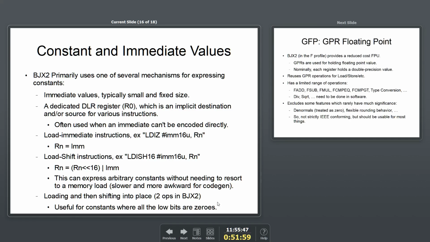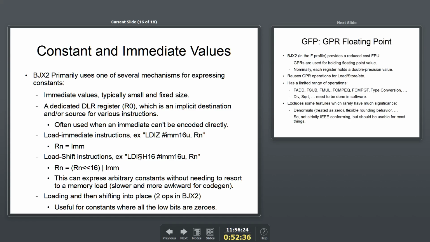So this allows in many cases things like loading double precision values to be done within 2 operations, and similar for a lot of constants, following a similar format. These are semi-common, though not quite as common as the cases where the value is small and fits in a small immediate.